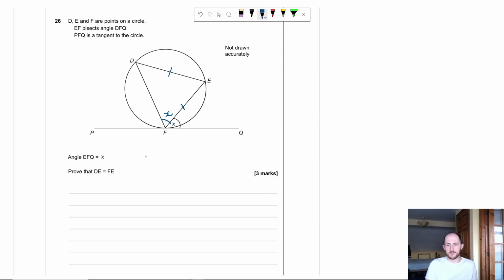So DFE equals EFQ because it's two halves of a bisected angle. Remember, to bisect means to cut in half. Okay? That's the first step.